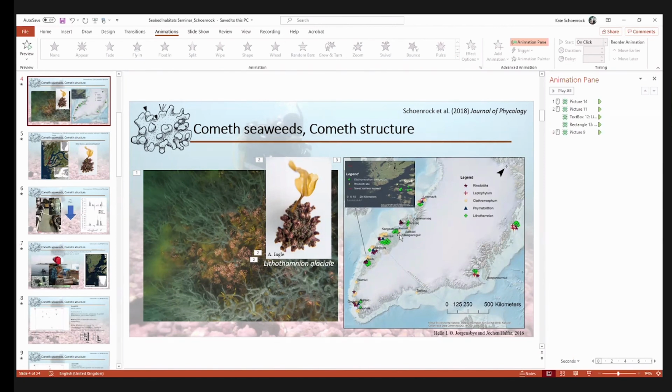I guess they haven't identified the species in this paper, but a lot of Clathromorphum around Disco Bay, and then you see Lithothamnion kind of adjacent to that. So that seems like a very species-specific response for that one type of maerl.